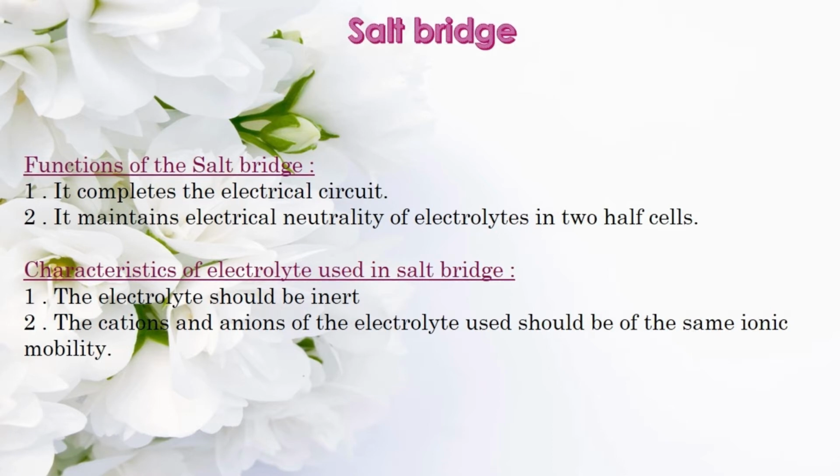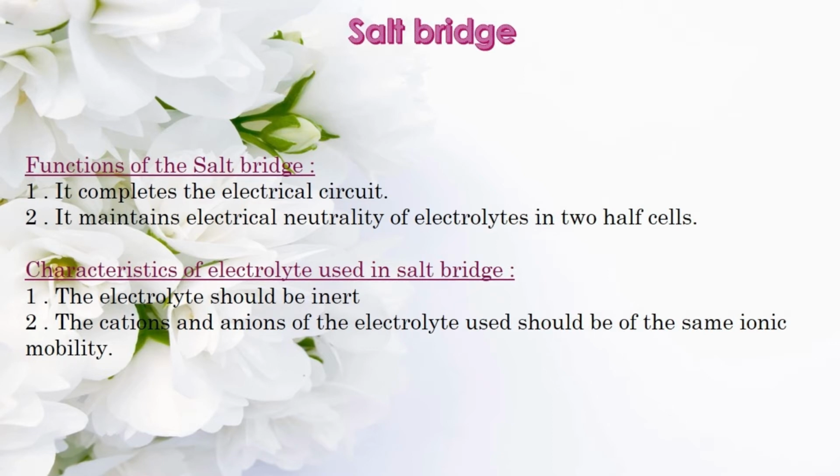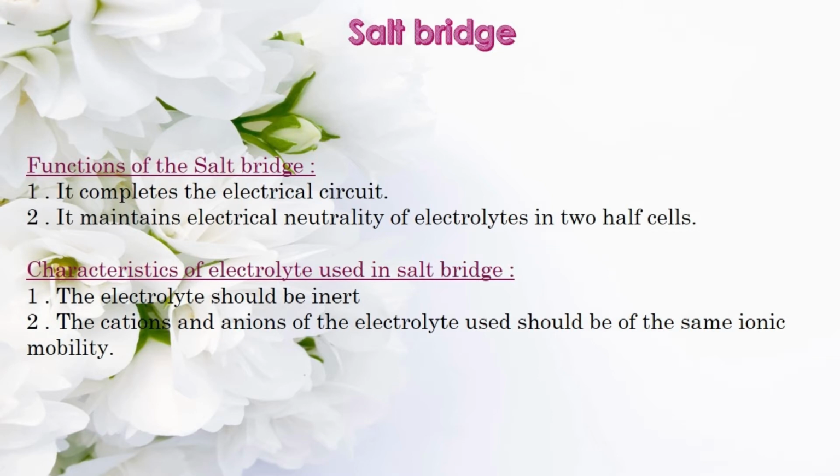The accumulation of positive charge around the zinc rod will prevent the flow of electrons from the zinc rod. Similarly, the accumulation of negative charge around the copper electrode will prevent the flow of electrons to the Cu2+ ions.